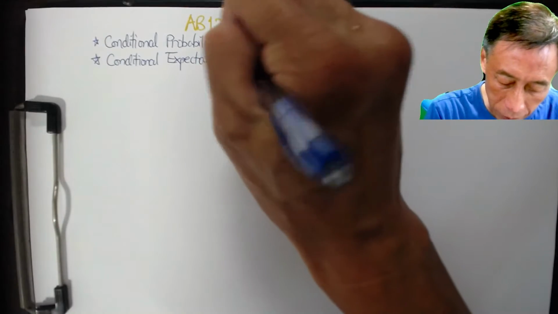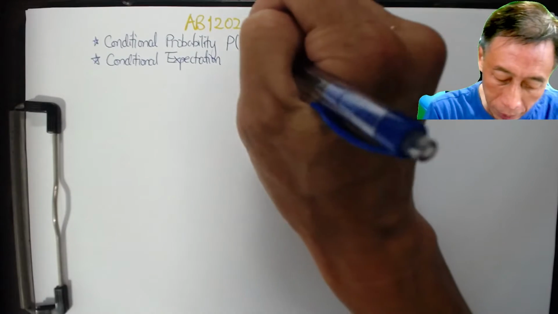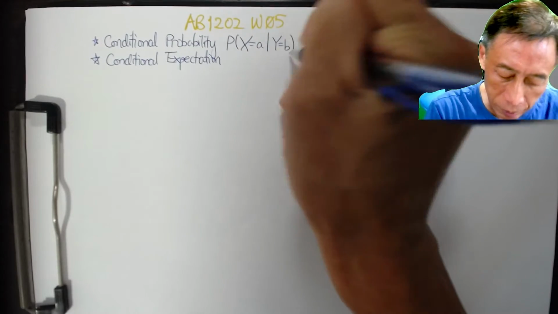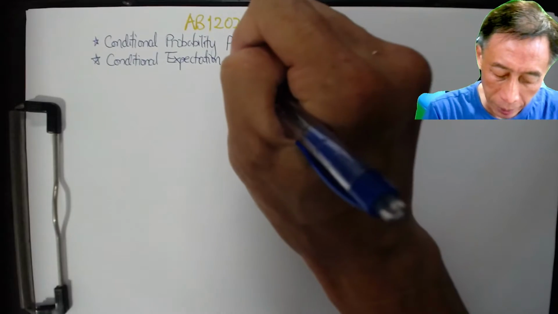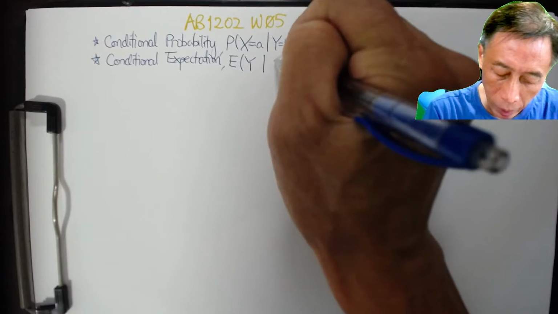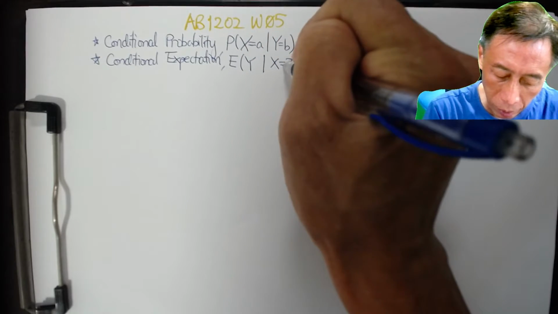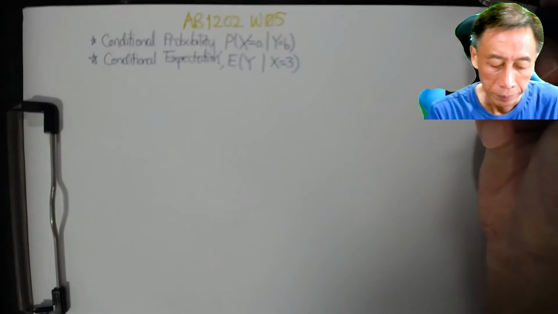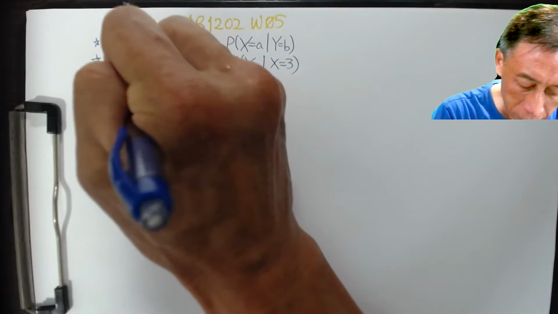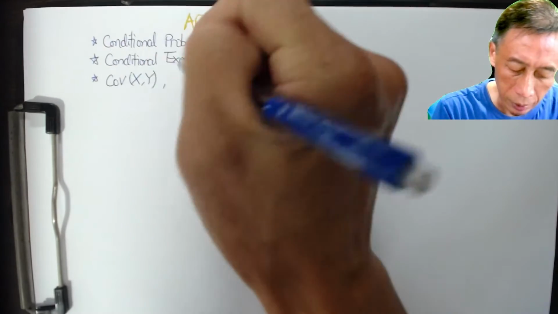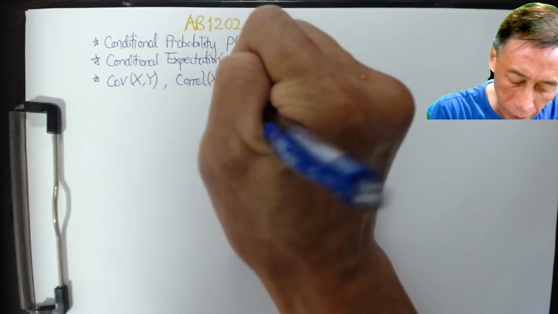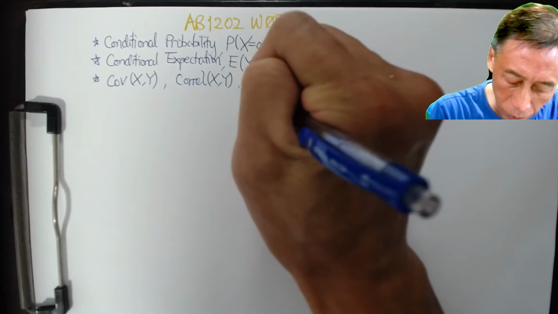This will be written as P of x equals A given that y equals B. And this will be E of y given that x is equal to 3. And then we want to talk about the covariance of x and y and its associated notion of correlation of x and y, also written as rho.